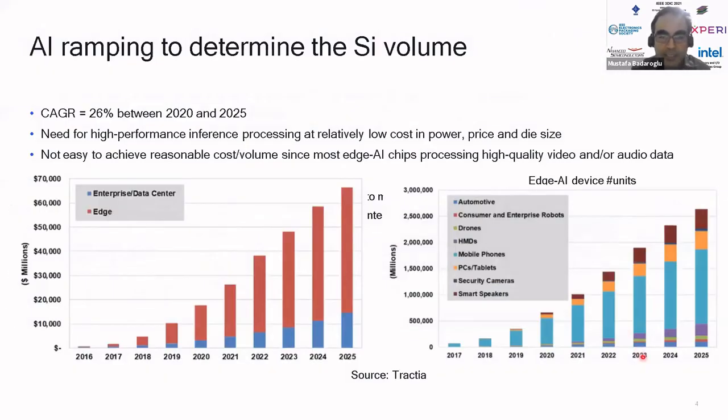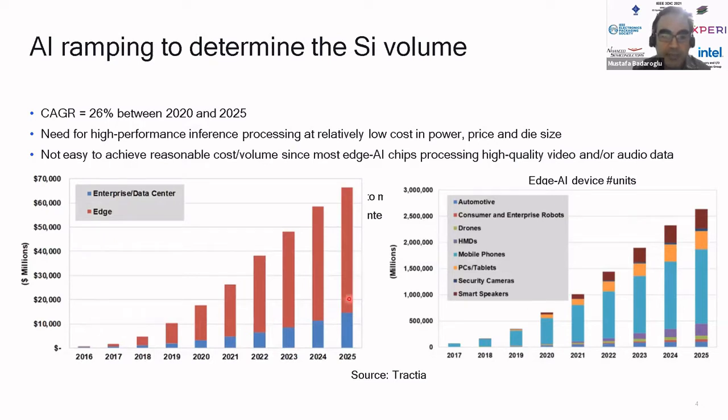If we take this up, you can clearly see this trend of artificial intelligence in terms of edge AI as well as cloud AI. There is a significant growth rate of these applications, with an annual growth rate of around 25%.